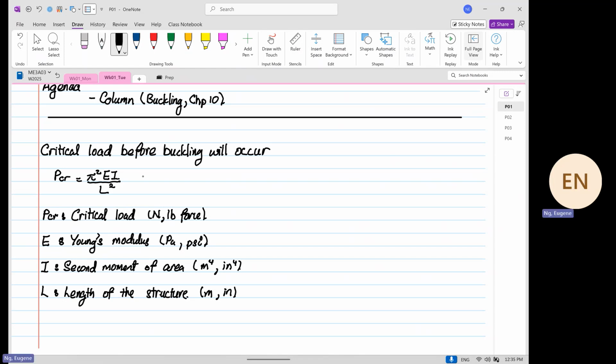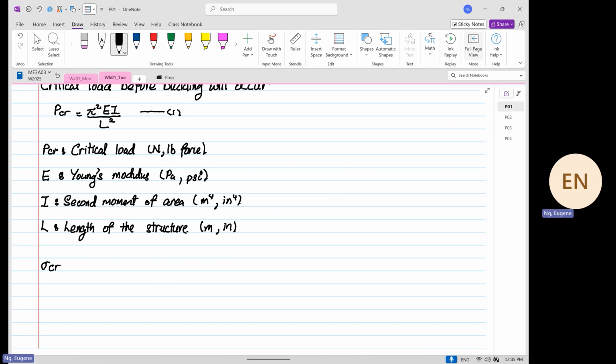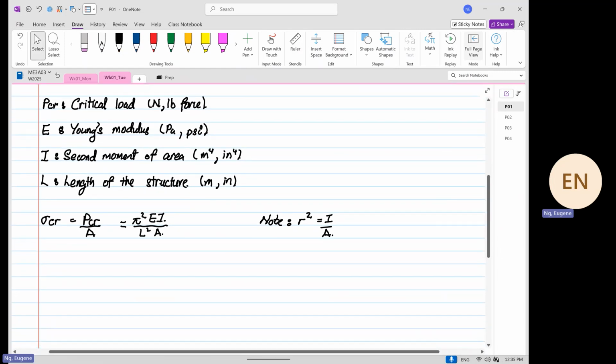And with equation number 1, if we were to calculate the critical stress, sigma CR, all we need to do is PCR divided by A. So in this aspect, this will be equal to pi squared EI over L squared divided by A. And on a side note, we have r squared is equal to I over A. Before I go any further, let me define the terms.